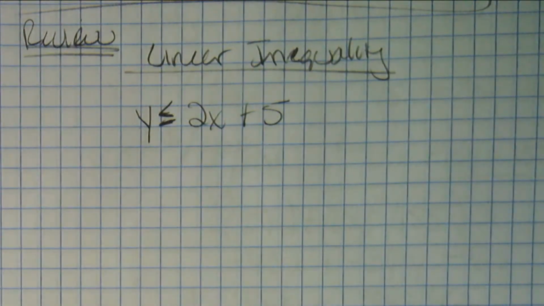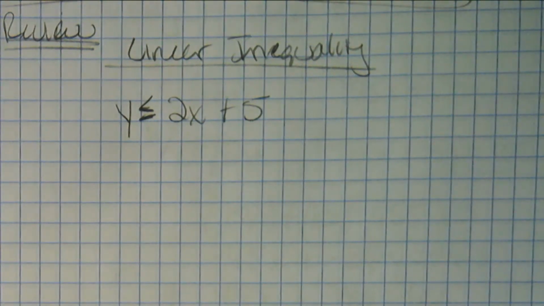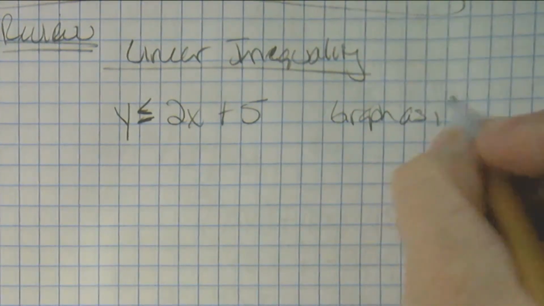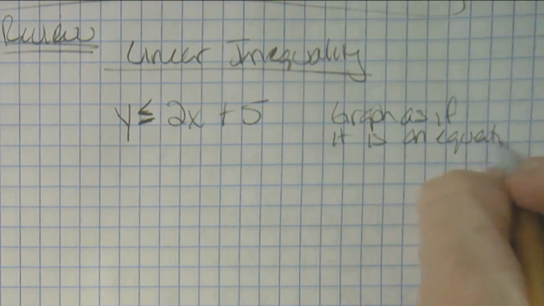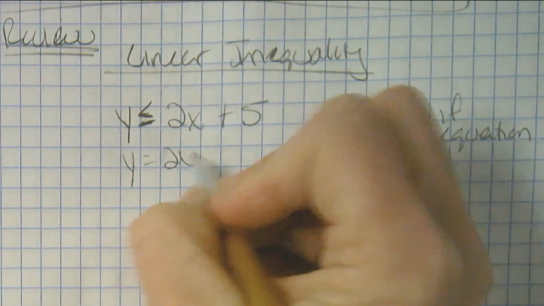Okay, let's remember how to graph that. Remember, you're going to graph it like it's an equation first. So I'm going to graph y equals 2x plus 5.